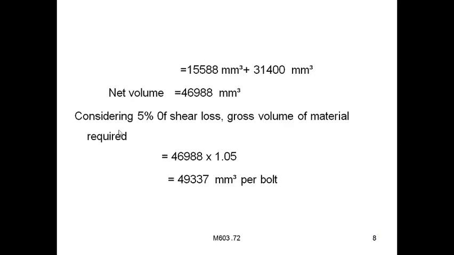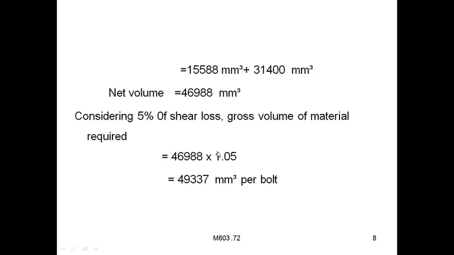Now in this case he is asking us to calculate only the shear loss. You neglect all the losses. He is asking to calculate only the shear losses. So you are aware that the shear losses are 5% of the net volume or the net weight. You calculate the net volume. You multiply this with 1.05 and it will give you the total gross volume.